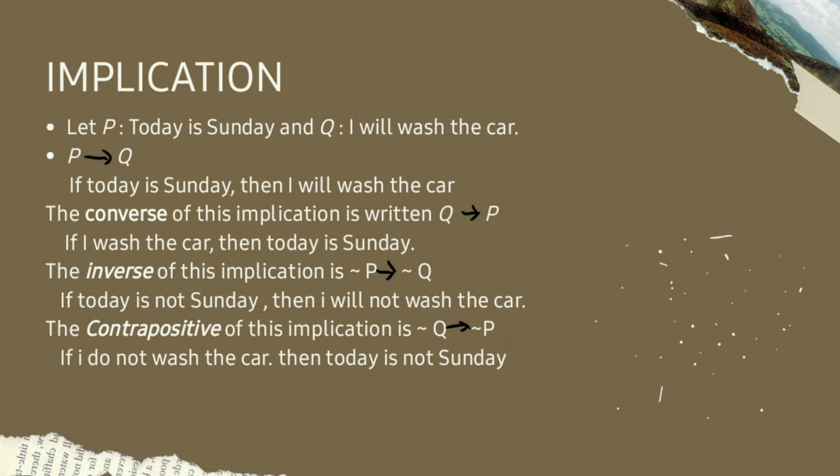The converse of this implication is written like this. So if you write the converse, the result is Q then P: if I wash the car, then today is Sunday.